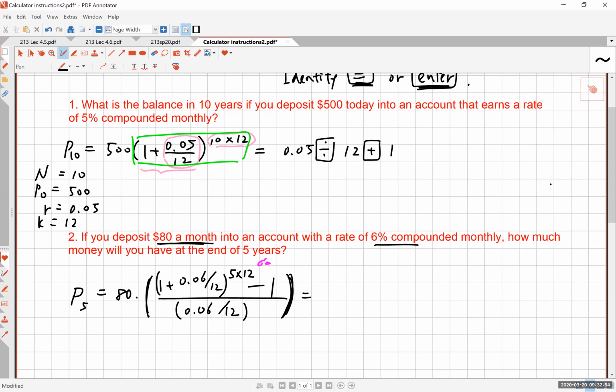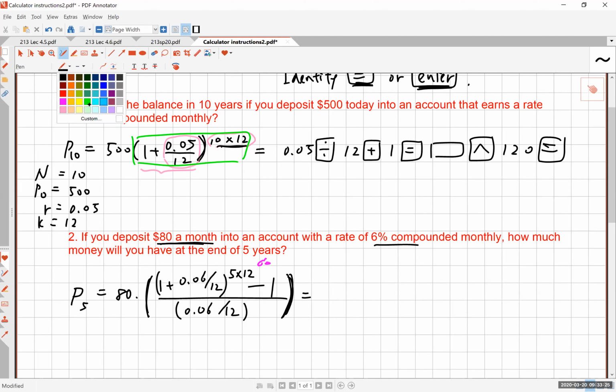Then put an equal sign here to stop the calculation after you find what's in the parentheses. Then you raise it using the caret button or x to the y button, enter 120, and then the equal sign. This will give you whatever is in that green box.